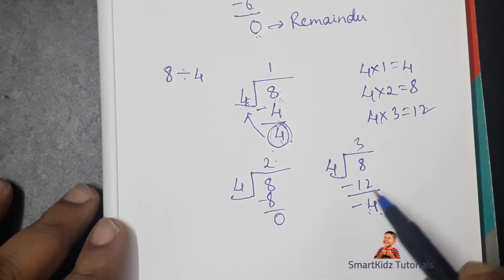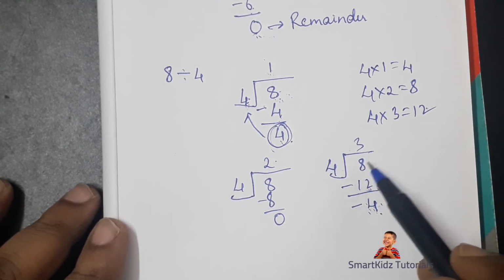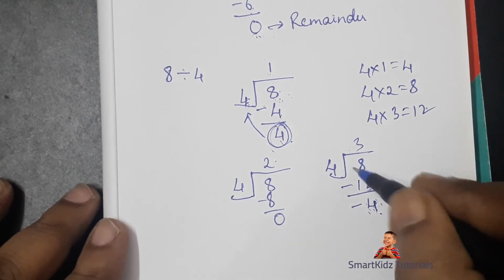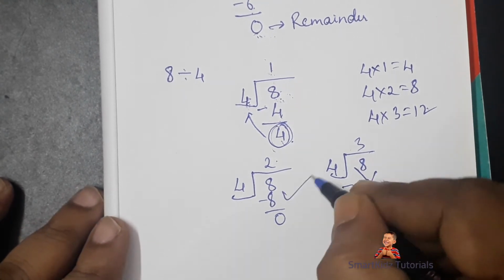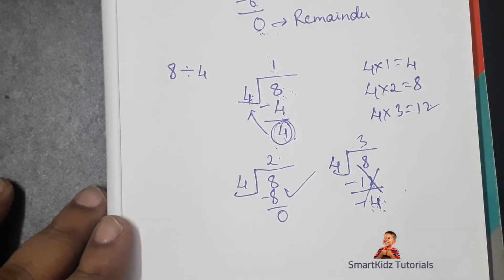So it can be 0 or it can be a positive number, but it should not be a negative number. So we make sure that the number that we take over here should not make the product greater than our dividend. So this would be wrong, and this is the right option.